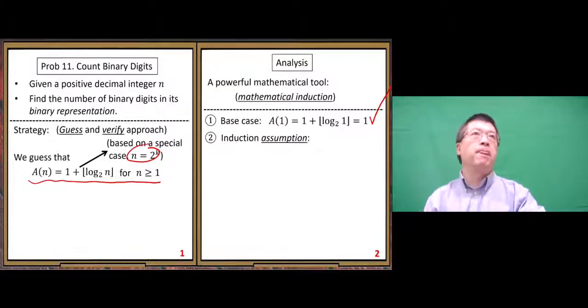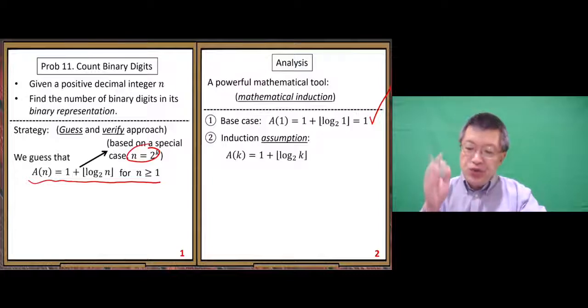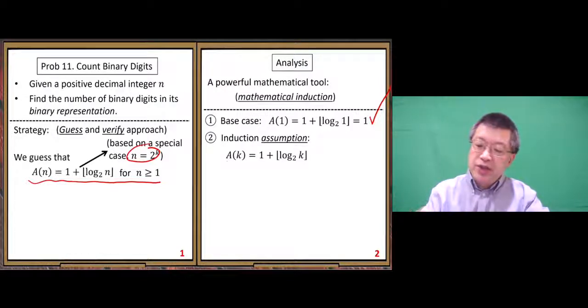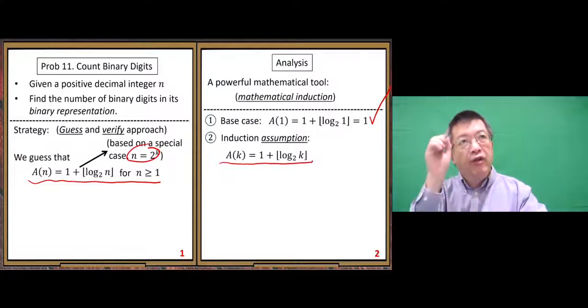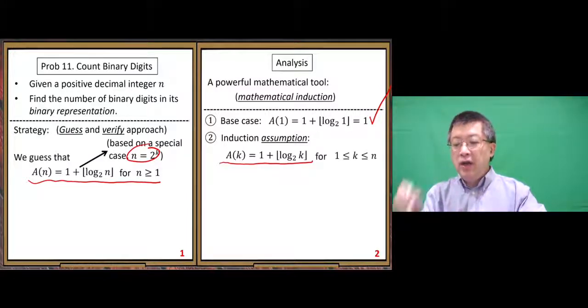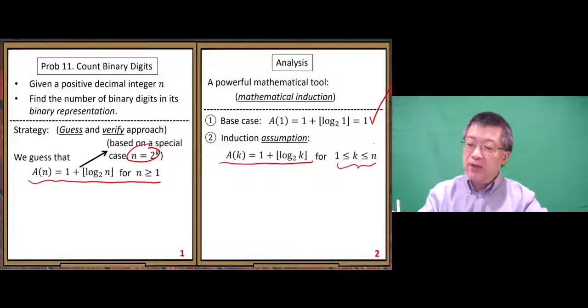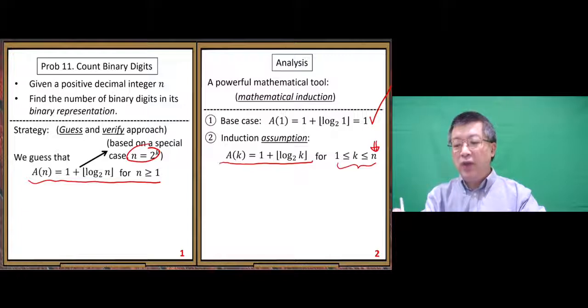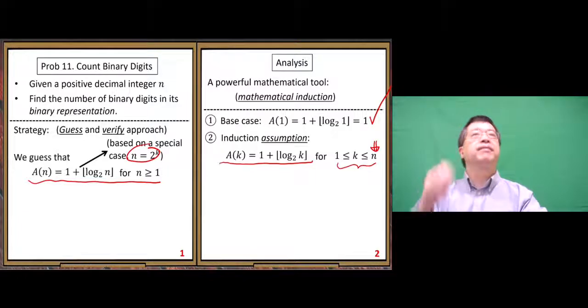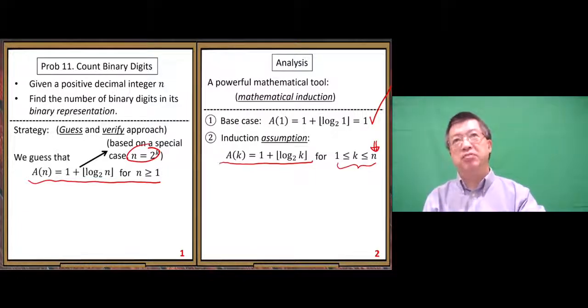We assume the formula is correct for k in the range between 1 and n, for a certain n. That's our induction assumption.